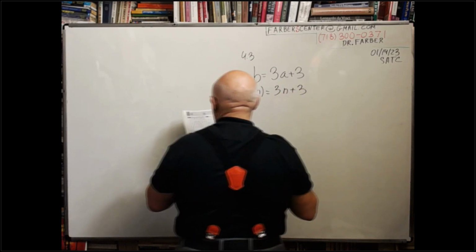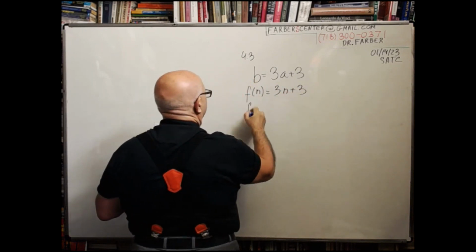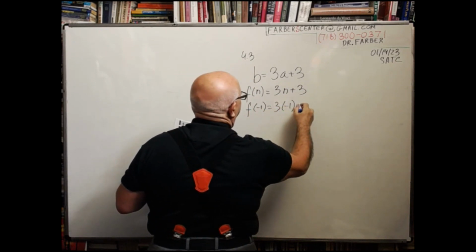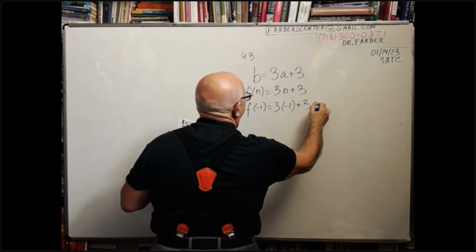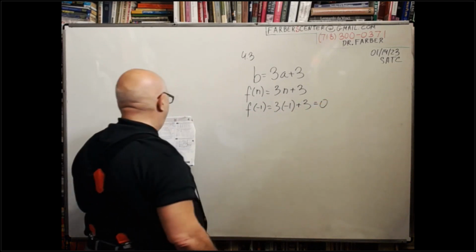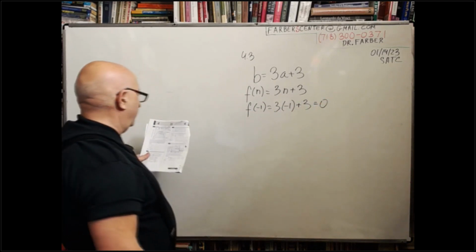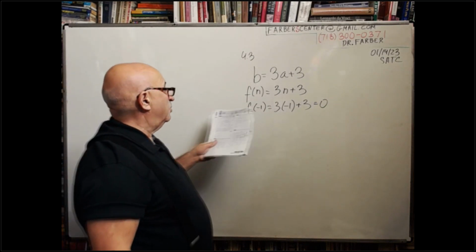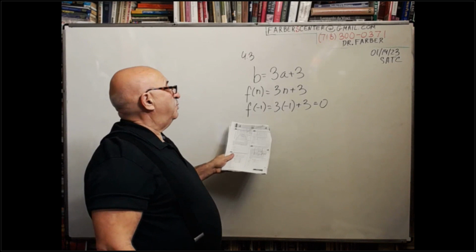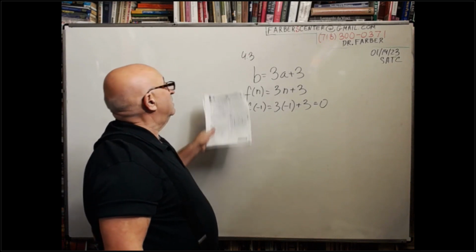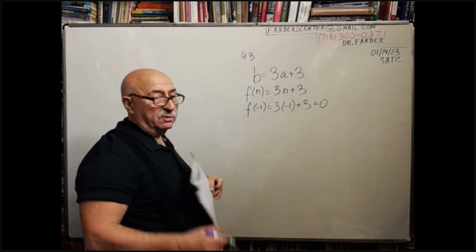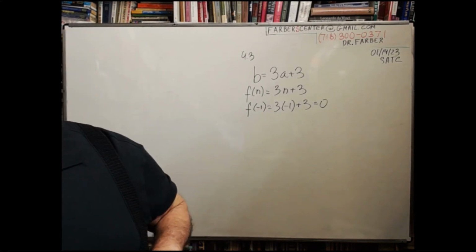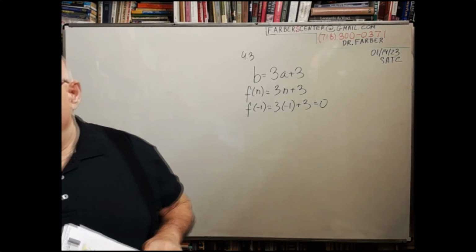Now I choose any value, for instance, n equals -1: 3 times -1 plus 3, -3 plus 3 equals 0. And you see when n equals -1, f of n equals 0. In the same manner, you check a few points. If all points satisfy, the answer is this equation. So far, so good. Simple substitution, nothing else.